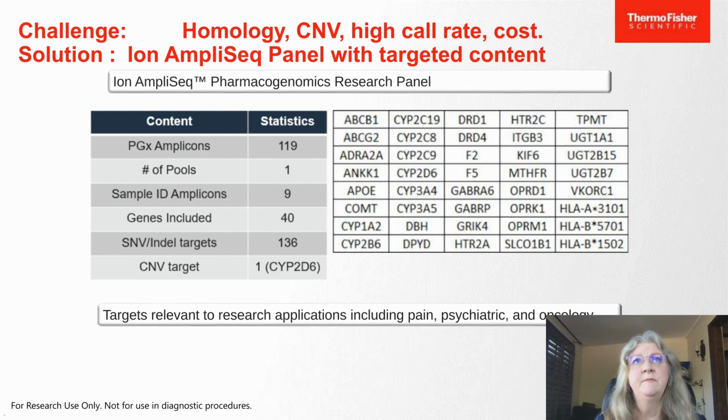And in addition, 1 copy number target, which is identifying copy number state of the CYP2D6 gene. And you can see on the right all of the genes that are included in the panel. These include genes relevant to metabolizing drugs involved in pain, psychiatric disorders, and oncology, among others.